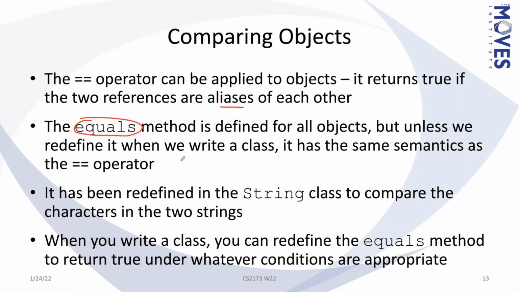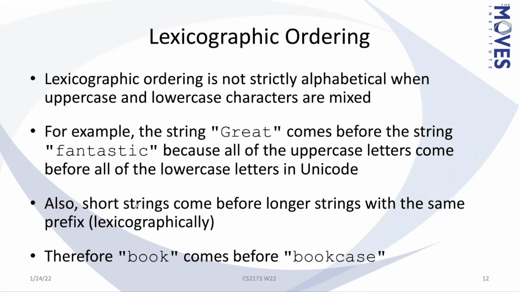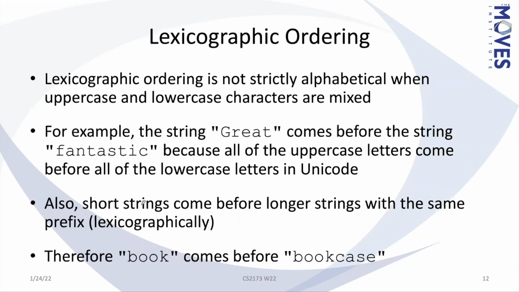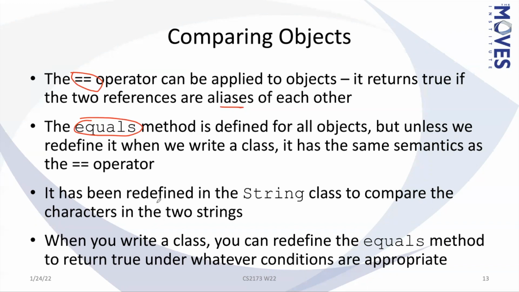But the default equals method is the same as the double equals. In other words, if I don't do anything, then the equals method will be the same as the double equals. Sometimes that's okay, sometimes that's not what we want. In the case of the String class, what happened is that they redefined the equals method in the String class to compare the characters.